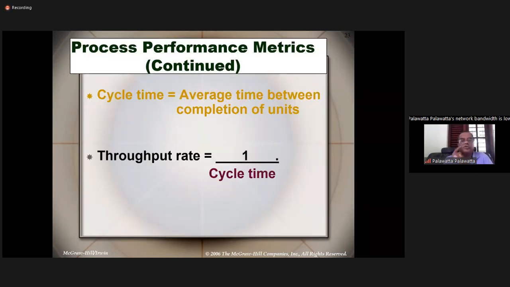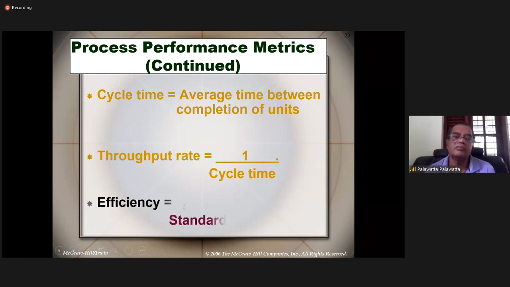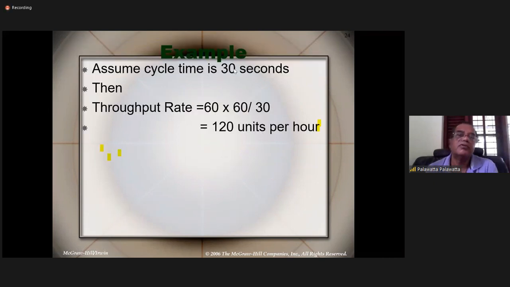Throughput rate is 1 divided by cycle time. Here, the production cycle time is 30 seconds per unit.